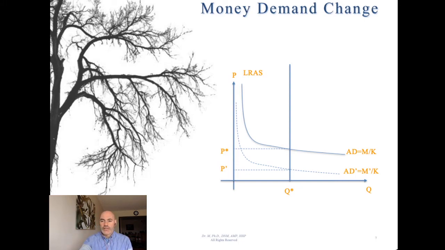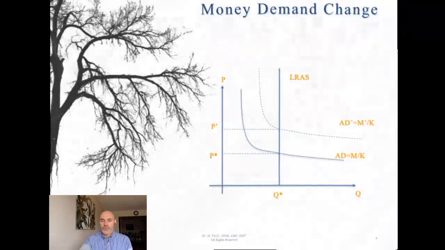And finally, we can look into a reduction in the demand for money. When the cash balance ratio goes down, your aggregate demand shifts upward, and you are triggering inflation.